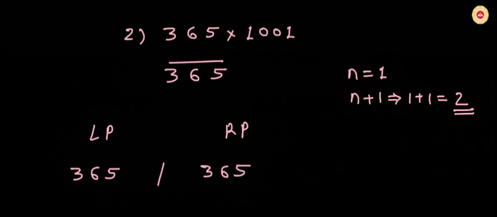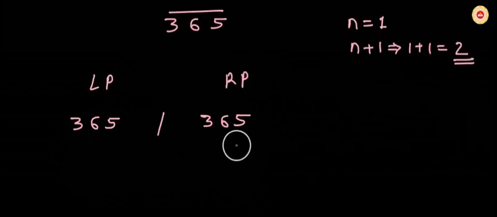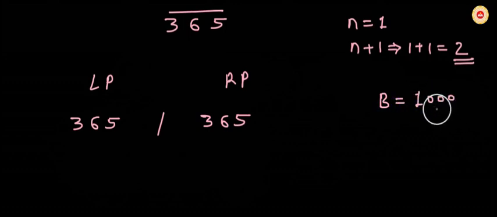Now it is time to balance the answer to get the final answer. How to balance? See, the base is 1000. Base for what? Base for the given multiplier 1001. The nearest base for 1001 is 1000. How many zeros are there? 3 zeros.